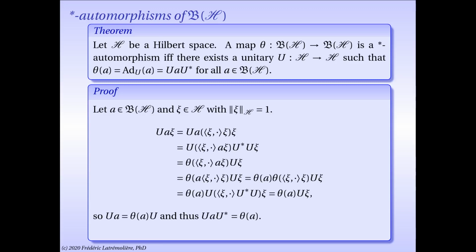And therefore, since this is valid for any vector psi of norm 1, it's easy to prove using linearity that it is valid for every vector in your Hilbert space. So we have shown that U times A equals theta of A times U. And then, since U is unitary, that tells me that U A U star is theta of A. And we are done with our proof.